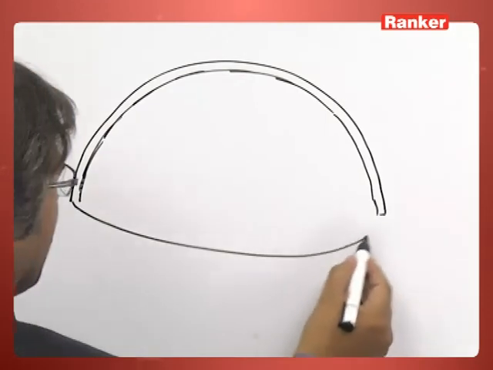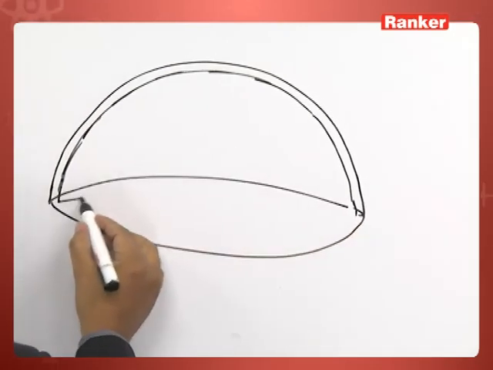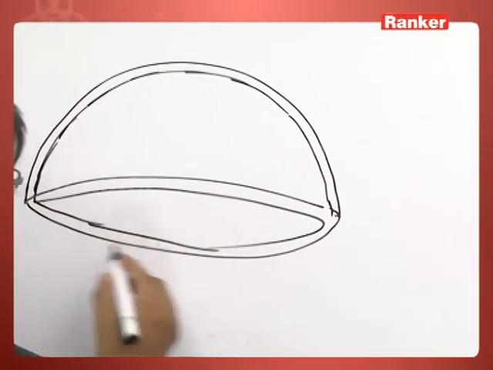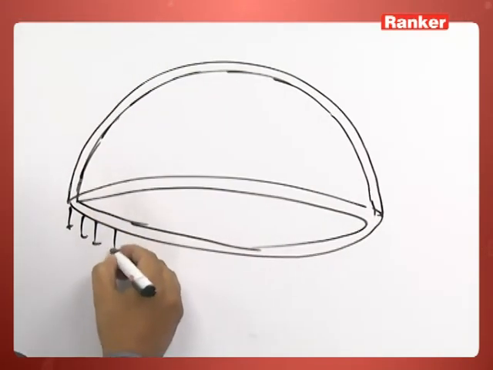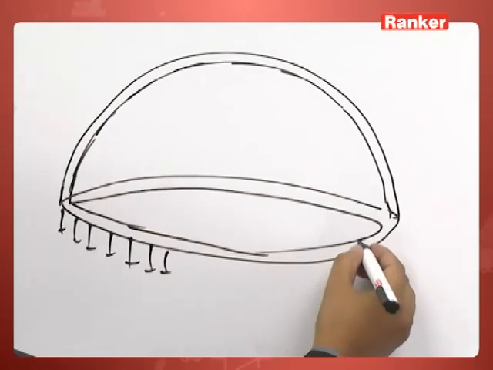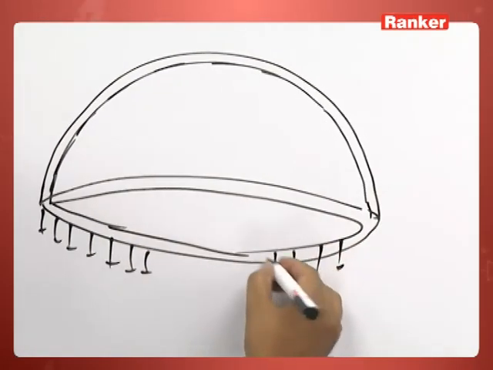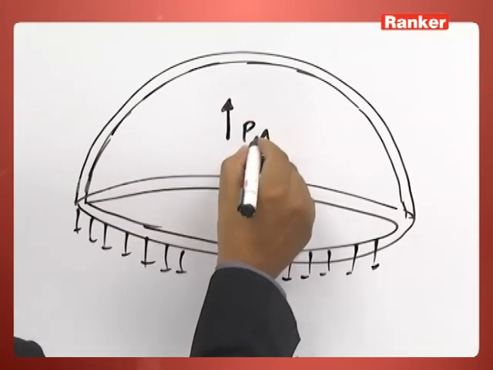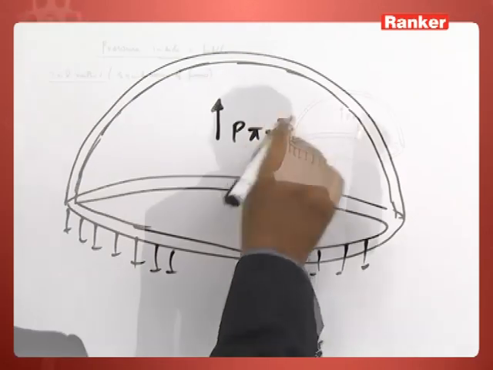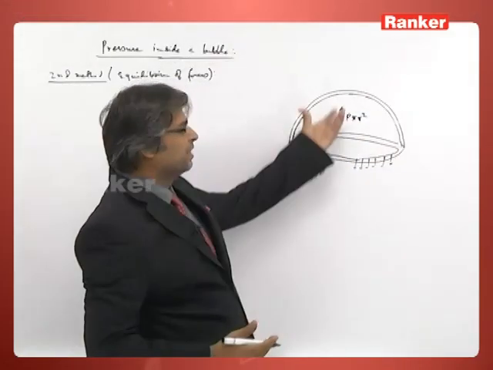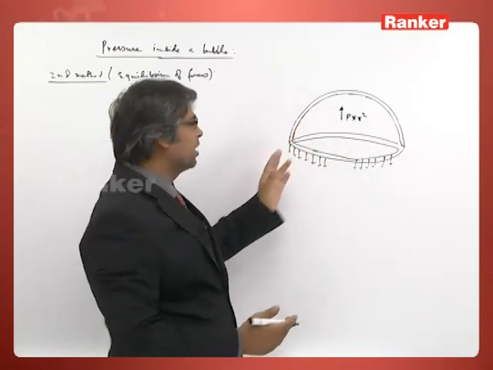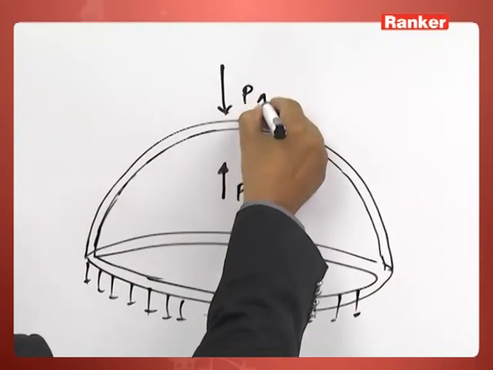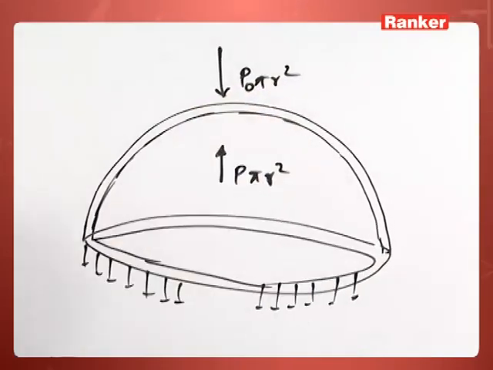Here we have an outer surface and here we also have the inner one, so that the thickness is very small. So, we have the force from the outer one and the force from the inner one also. The inside pressure is, suppose, P, and P into pi r square is the internal force. Remember, we have to take the cross section, and the external force will be P naught into pi r square. This is P naught, external.